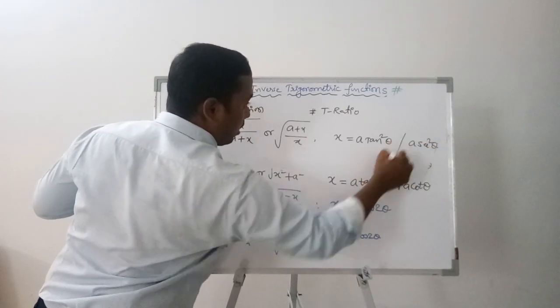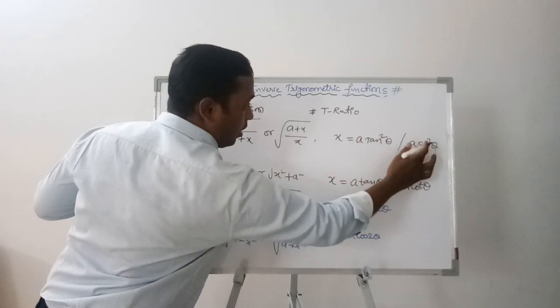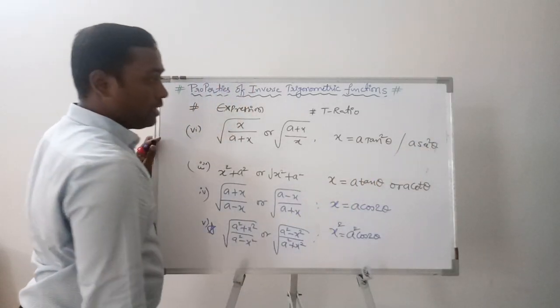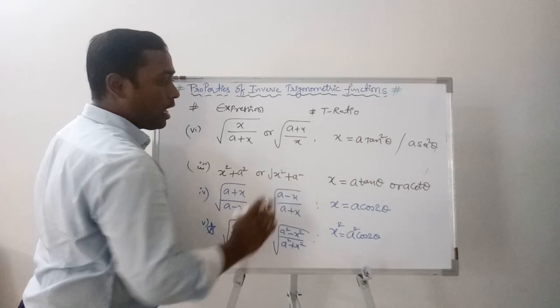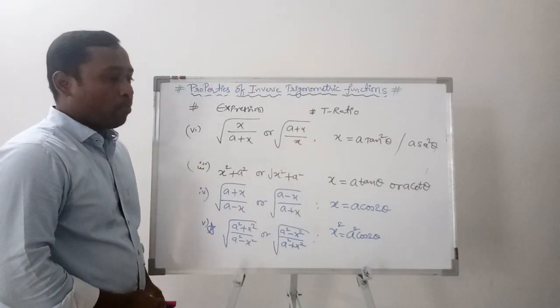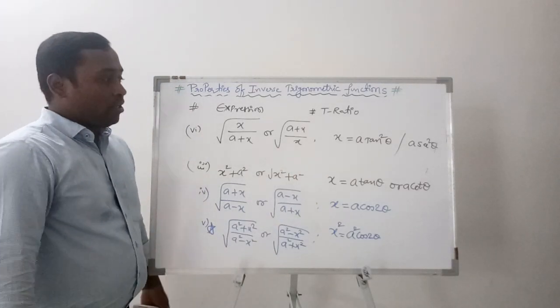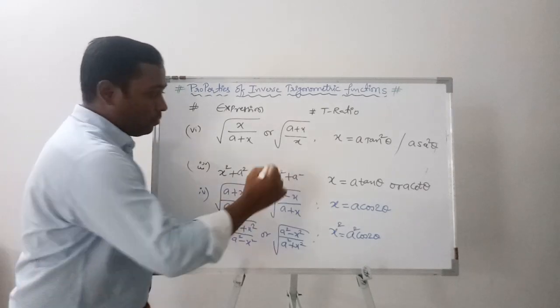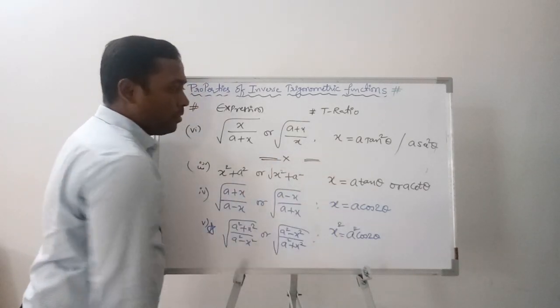Remember, either I will go with a tan square theta or with a sec square theta. We'll reduce the entire expression to make the simplification easy. So this is the way you need to remember.